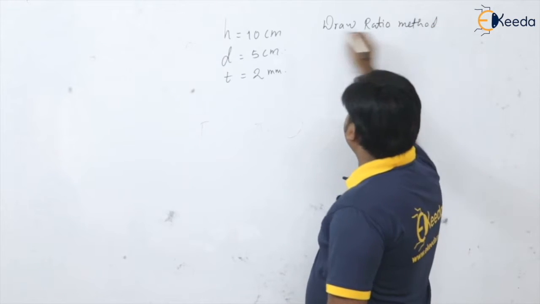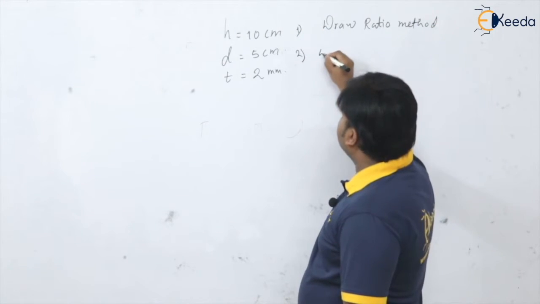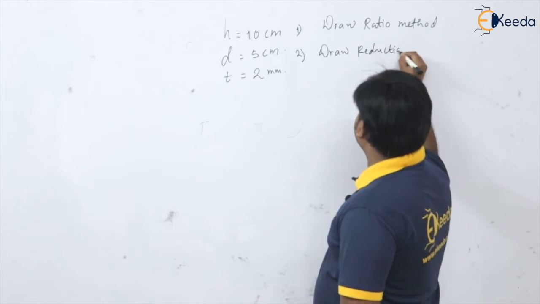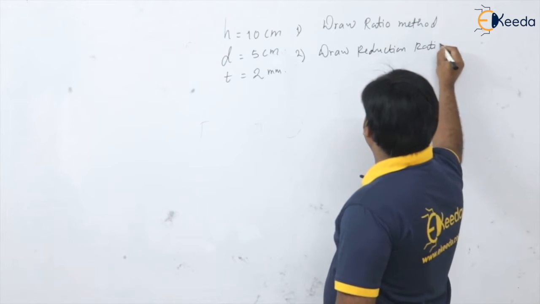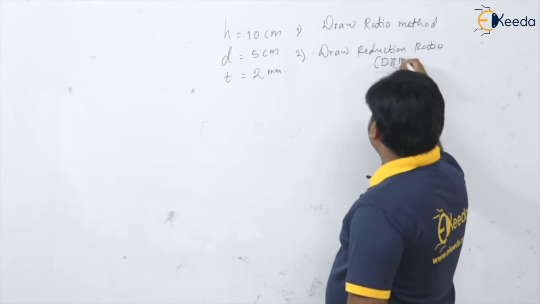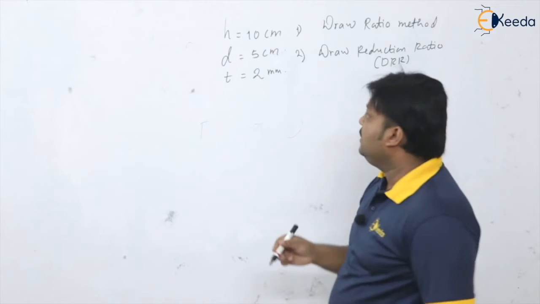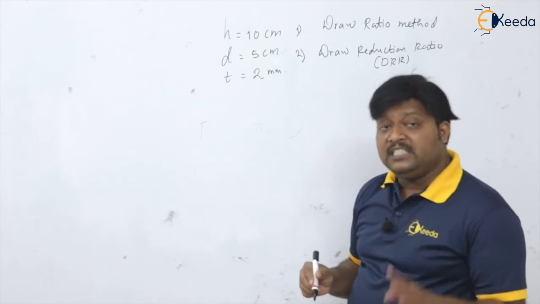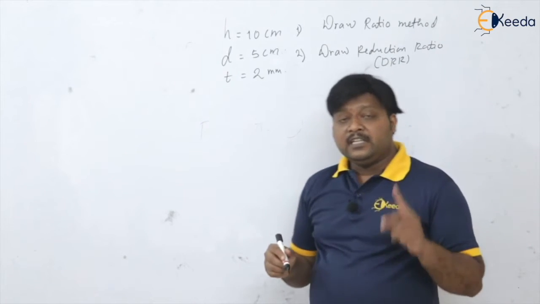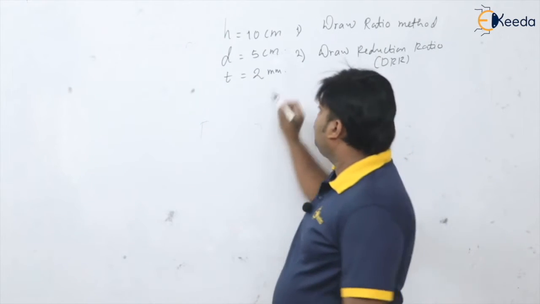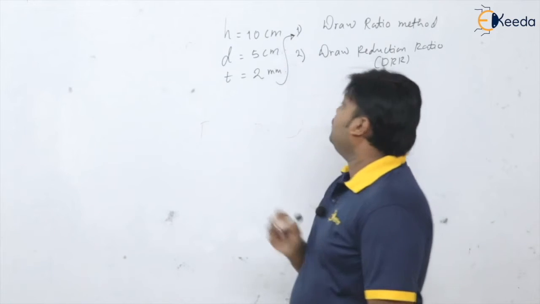This is the first method we have seen, and the second method is draw reduction ratio, that is DRR. We have seen this. But in the numerical nothing is mentioned, so please remember, if nothing is mentioned in the question about what to use to find the number of passes, then definitely you should go with the draw ratio technique.